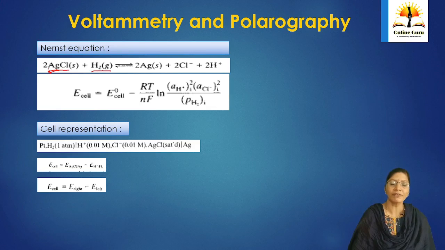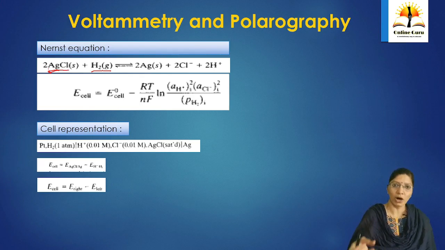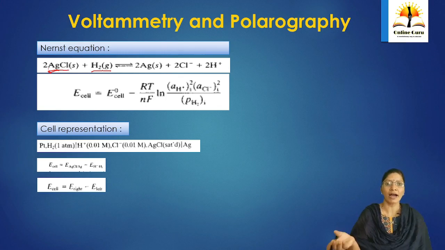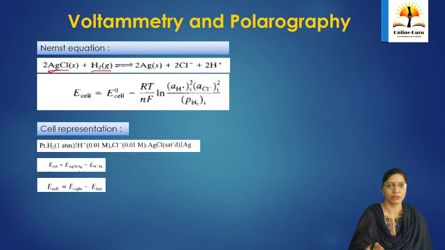Why do we require a reference electrode? We have a working electrode at which the process of the analyte takes place to give us either potential variation or current variation, depending on the process associated with it. So the processes taking place at the working electrode are monitored with respect to a standard reference electrode.